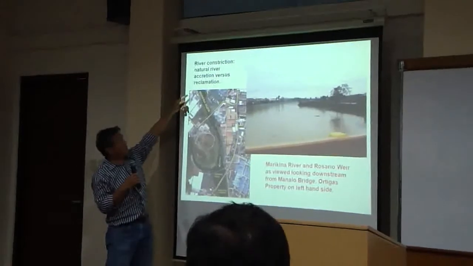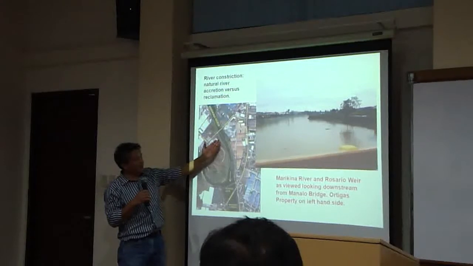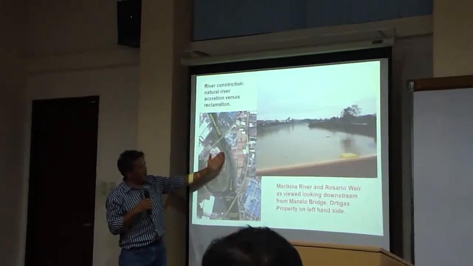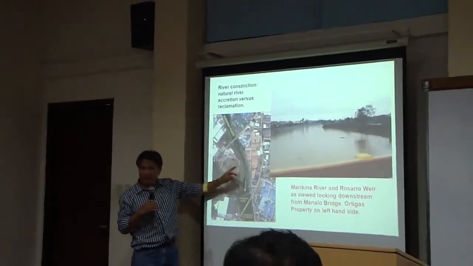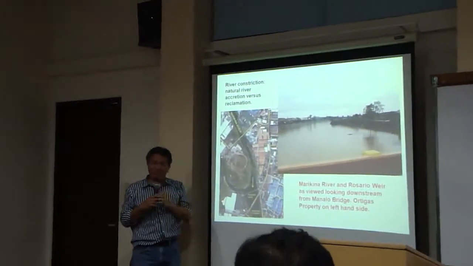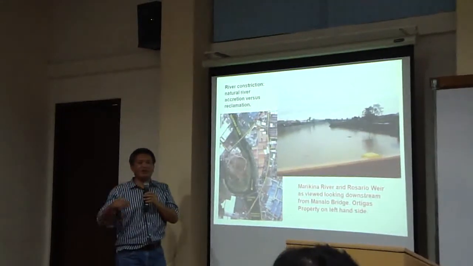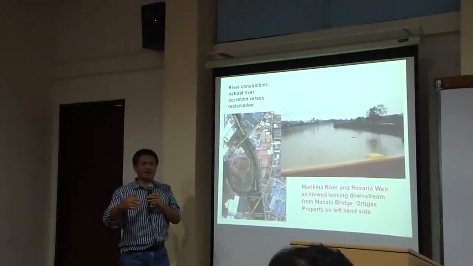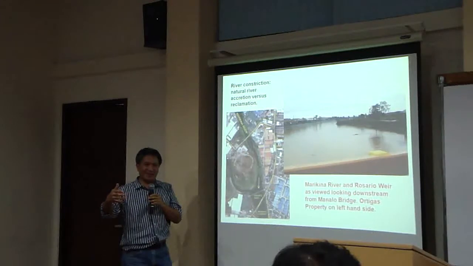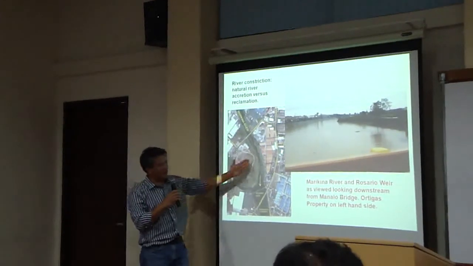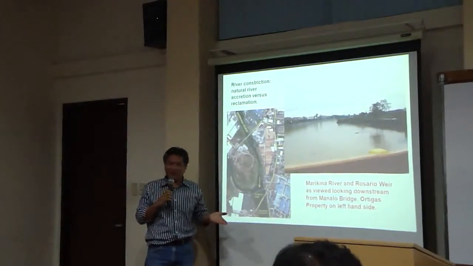When I say natural river accretion, sometimes when a river makes a bend, you have some accumulation of sediments on the side. Then in the long term, you can claim it, start with land tax and so on, and eventually it becomes your land and it becomes titled.